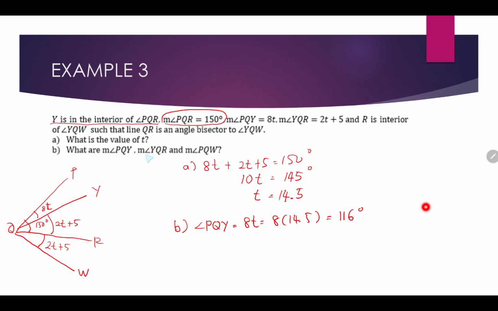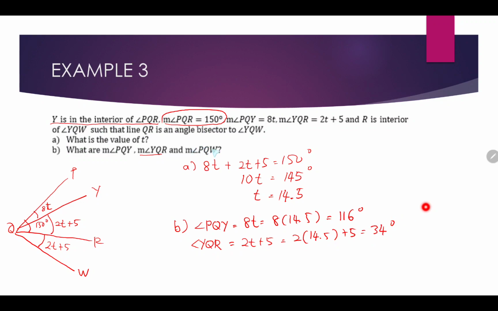And then the measurement of angle YQR here is 2T plus 5. Substitute T with 14.5, then plus 5, it equals 34 degrees.